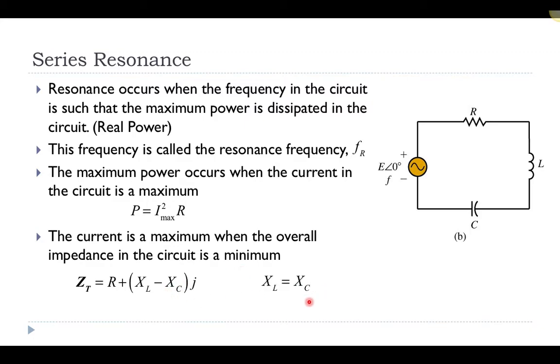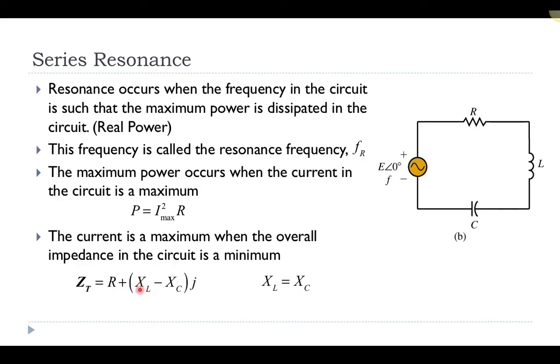This impedance is going to be a minimum value when the inductive reactance is exactly equal to the capacitive reactance. If they're equal, they cancel out this part of the impedance, and the only thing you have is the resistive piece. That's when the impedance is at a minimum.